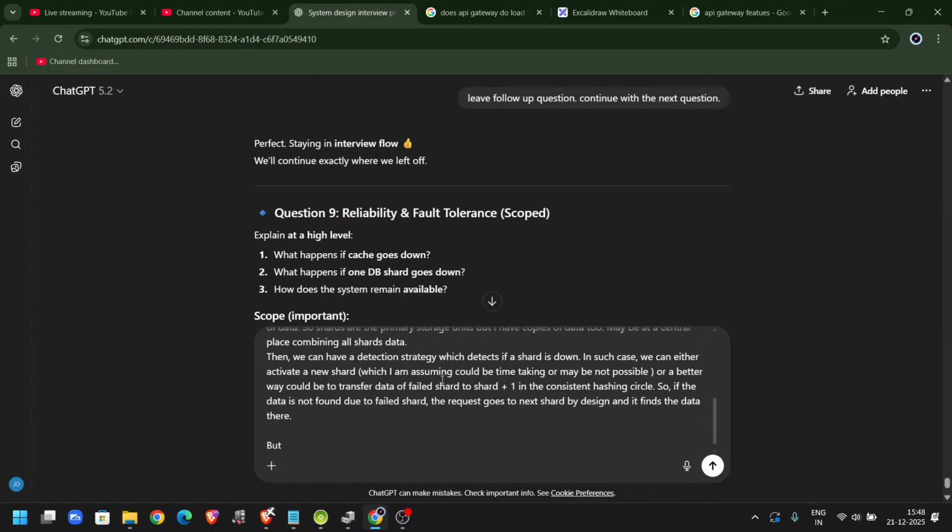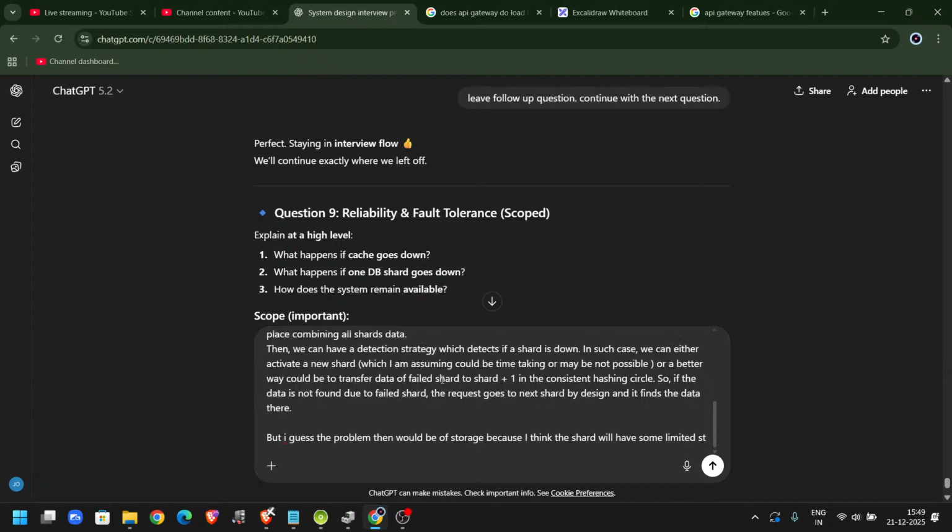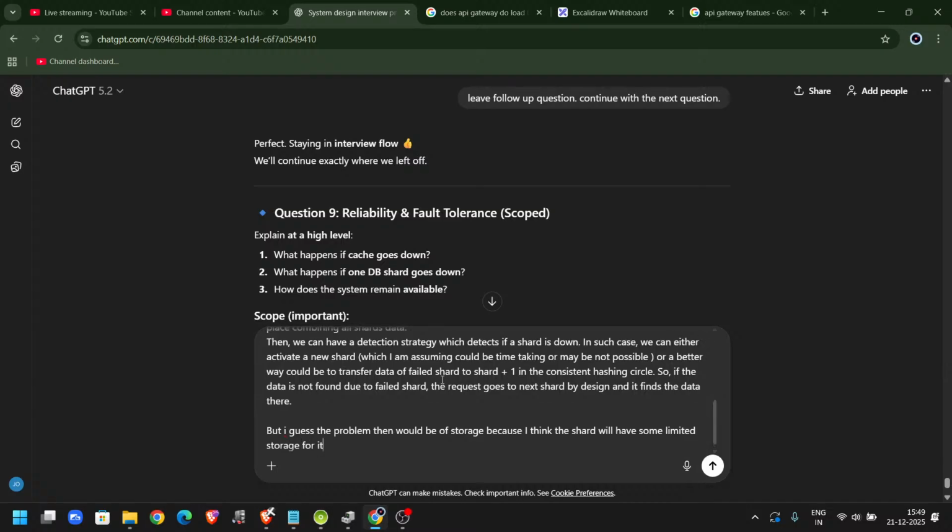But I guess the problem then would be of storage, because I think the shard will have some limited storage for its use only.